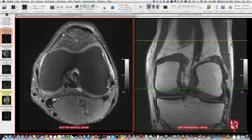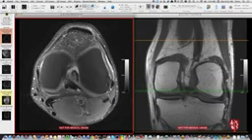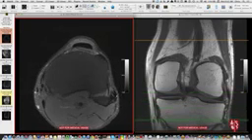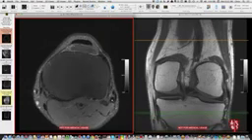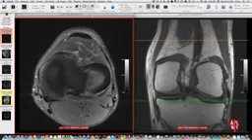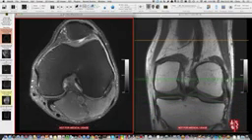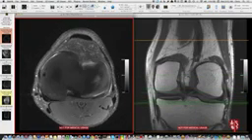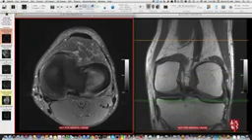Then here's the fibular collateral, and you can nicely follow it going down, down, down to join up with this tendon, or insert on the fibula next to it, that conjoint tendon of the biceps femoris here. So this is biceps femoris, fibular collateral, and then the IT band is anteriorly.